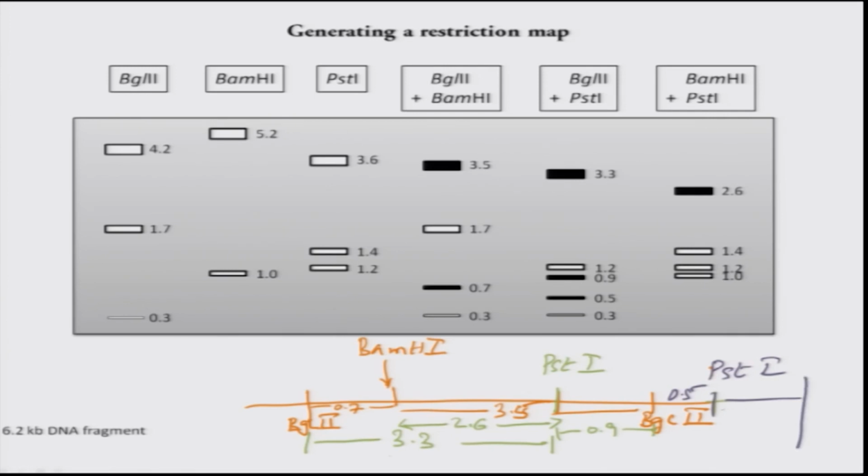Since it's a linearly cut DNA, this would be the 1.2 kb fragment for PST1, and the single digest of BGL2 shows a 0.3 kb band, which should come here since it's not coming in anywhere in between. This would be the 0.3 kb fragment.